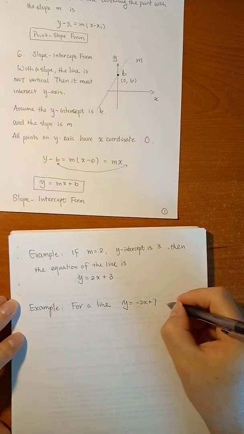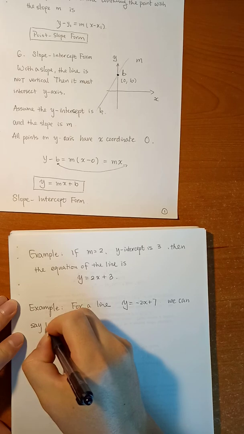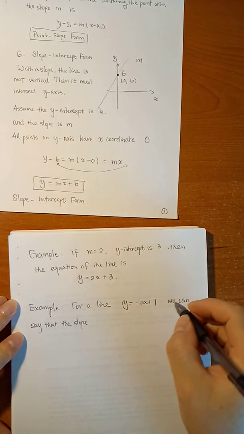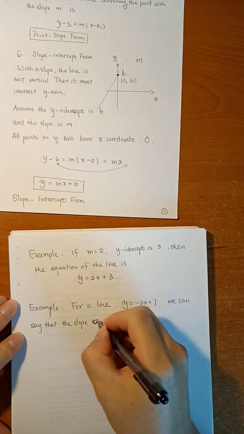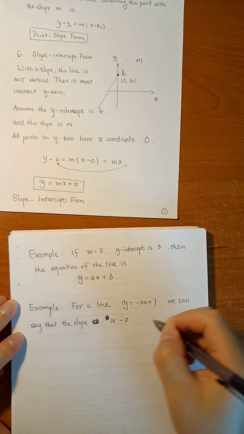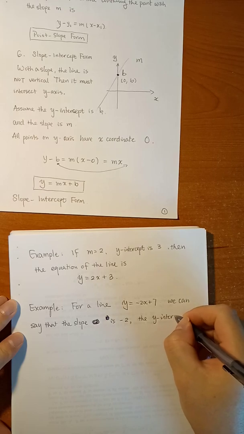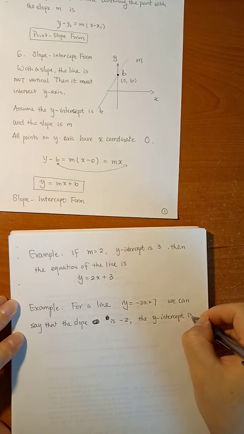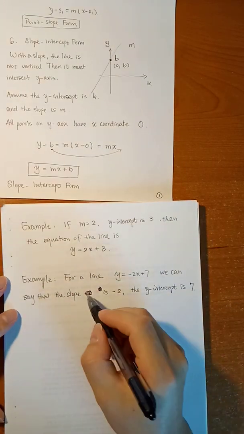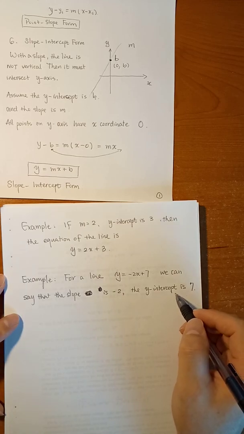For this line, we can say that the slope is negative 2. The y-intercept is 7. So you can just read the coefficient and the constant term to determine the slope and the y-intercept.